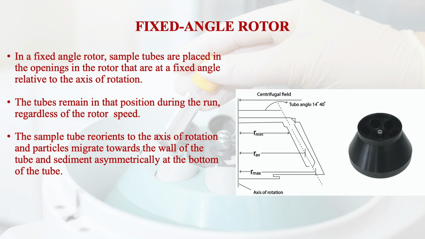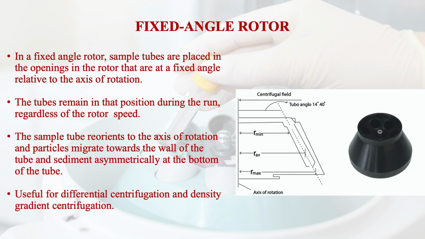Particles migrate toward the wall of the tube and sediment asymmetrically at the bottom of the tube. The fixed angle rotor is very useful for differential centrifugation and density gradient centrifugation. The relative distance is maximum at the bottom of the tube and lesser at the top.